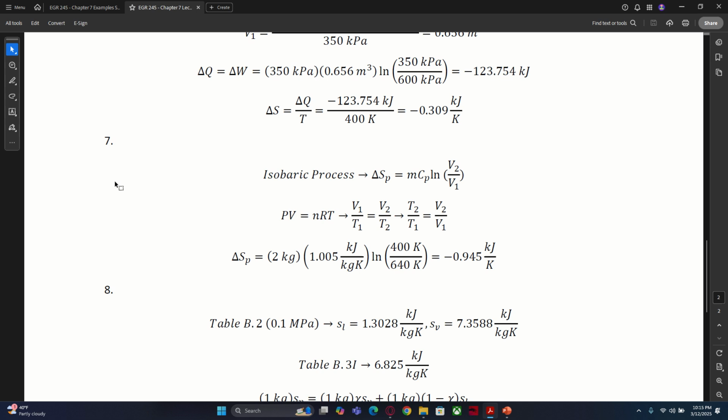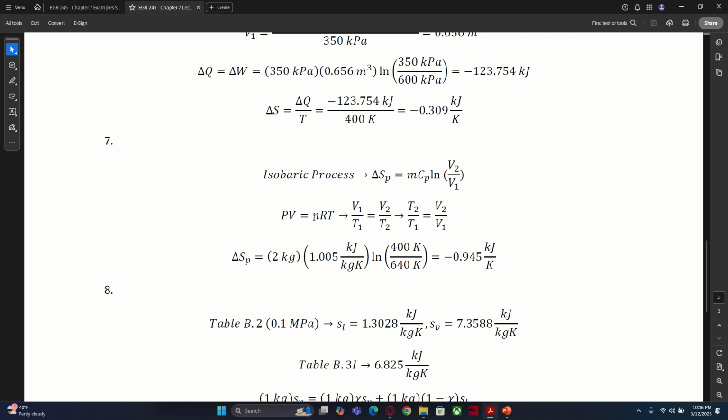So, under isobaric processes, the change in entropy, delta S_P, can be set equal to the mass times the isobaric heat capacity, Cp, times the natural log of the final volume over the initial volume. If we go back to our problem, we're not given volumes, but we are given both initial and final temperature. So PV equals nRT. Really, that should be PV equals mRT for mass.